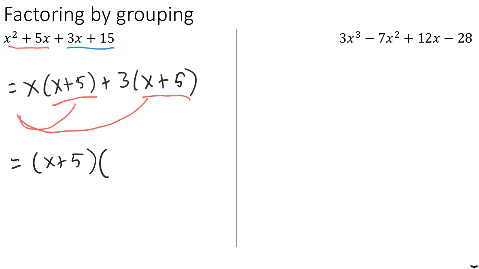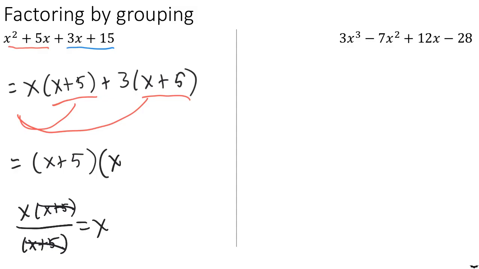and what's left over? The way we determine what's left over is by dividing each term by the thing we factored out. X times x plus 5. We're going to divide that by x plus 5. And we're left with just x.